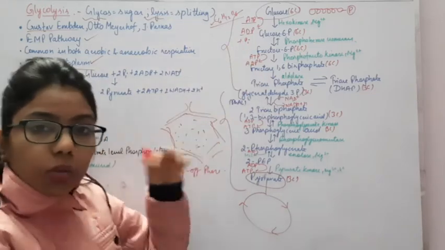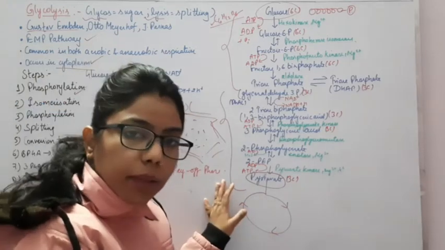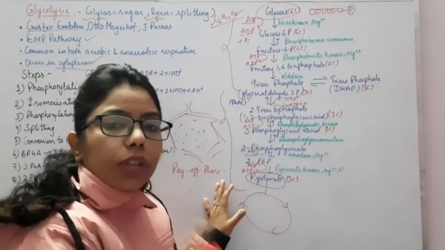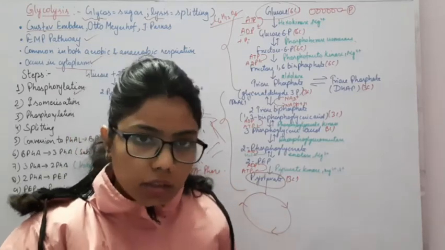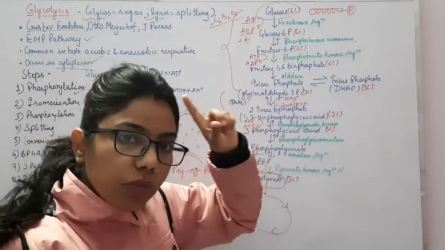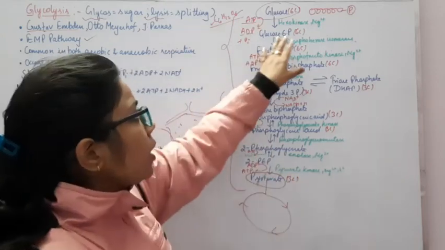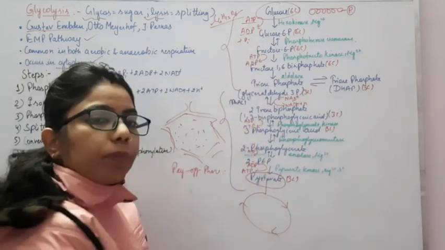Up to here we are using the energy, but here we are getting the energy, and this is the ultimate objective of glycolysis or respiration, that we get the energy. So in the first step we have used one ATP to form glucose 6-phosphate, and it changes into ADP.